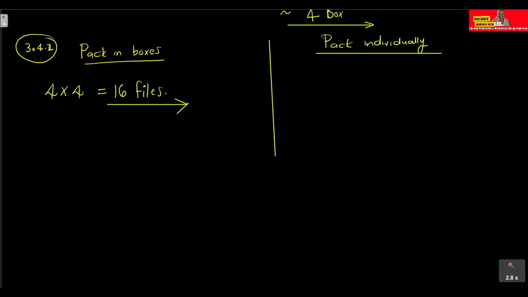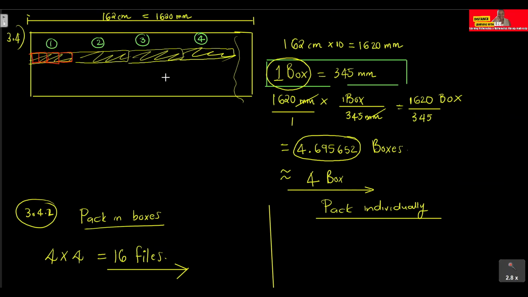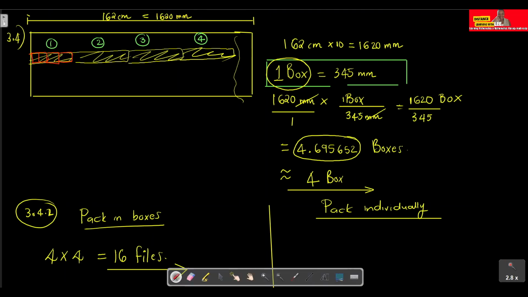Okay. So now what happens if we decide that we don't want to pack our files using boxes, but we want to pack them individually? Remember, we're going to go back to this drawing here. We already know that this whole shelf is 1620 millimeters long.